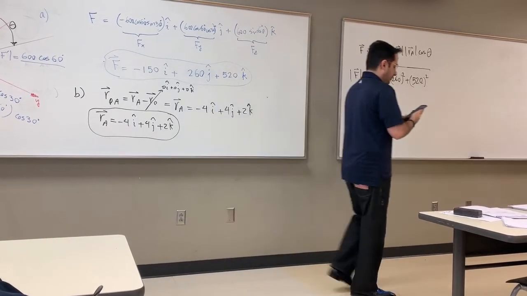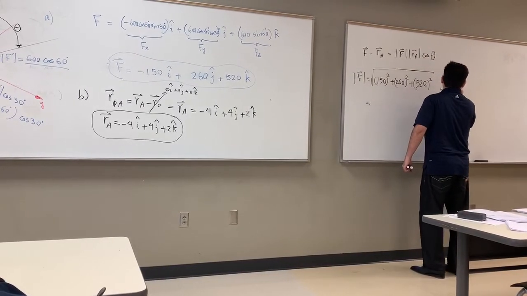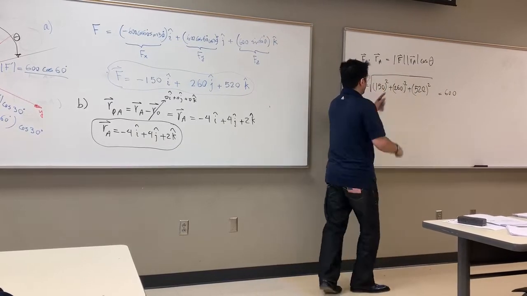It's 600 point something, just 600 and something, right? Now, what else do I need?